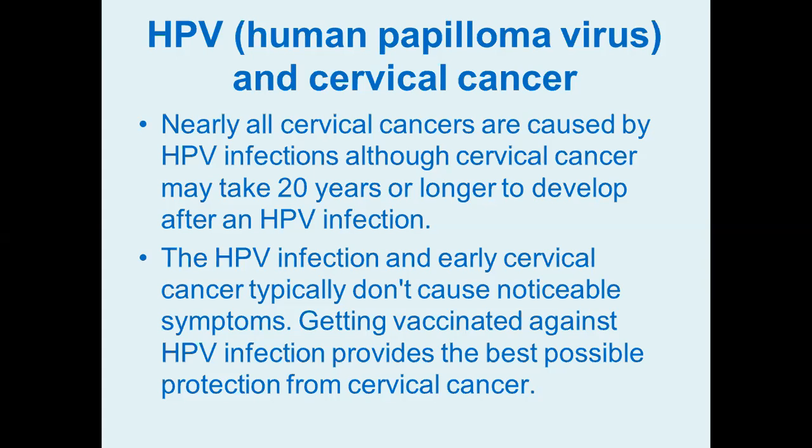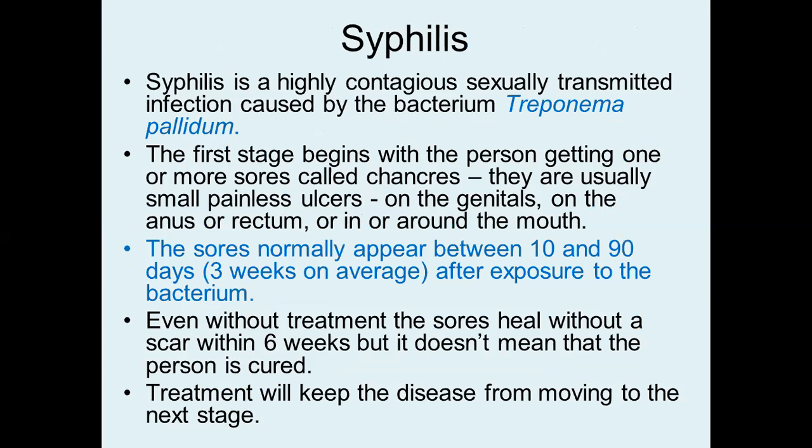By the time it is noticed, it will often have spread quite far. And so it is better to prevent than to try and cure. So getting vaccinated against HPV infection provides the best possible protection from cervical cancer.